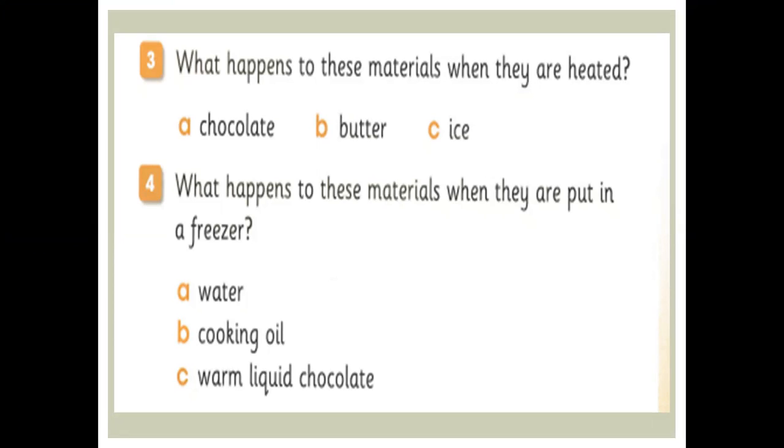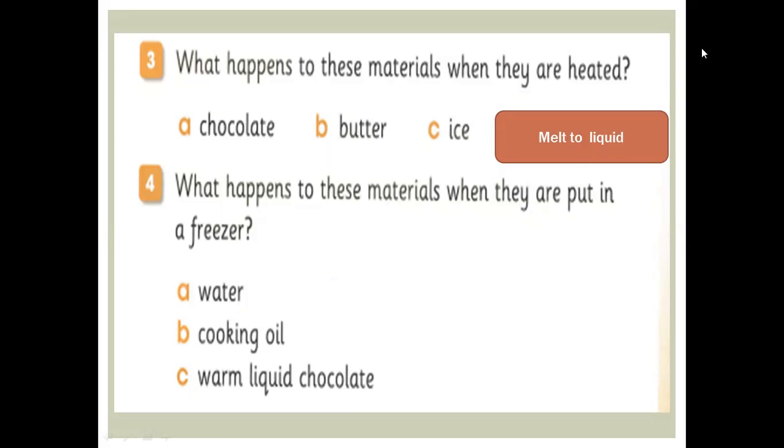What will happen to these materials? They will melt to liquid. What will happen to them, boys? They will melt to liquid.